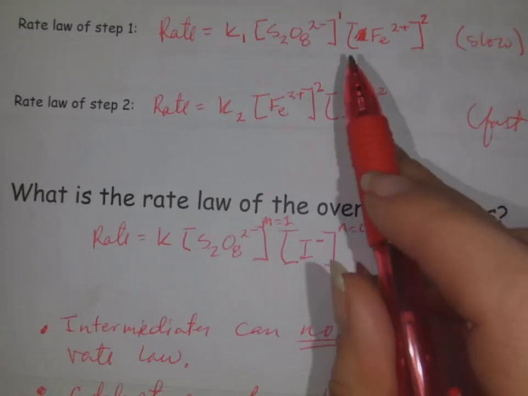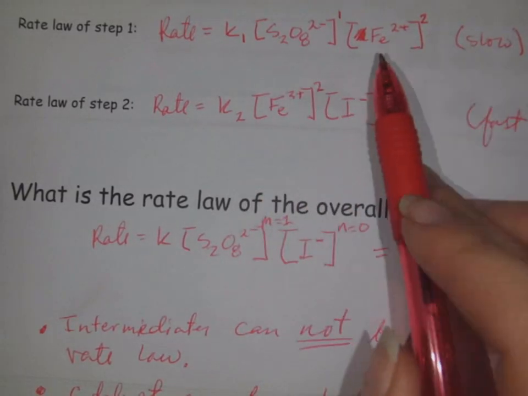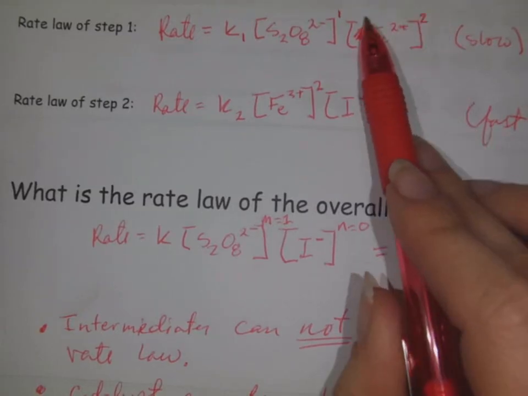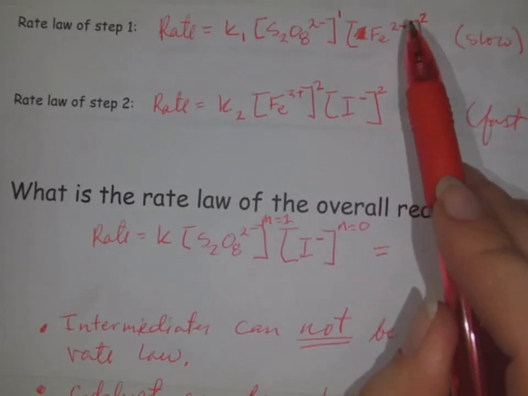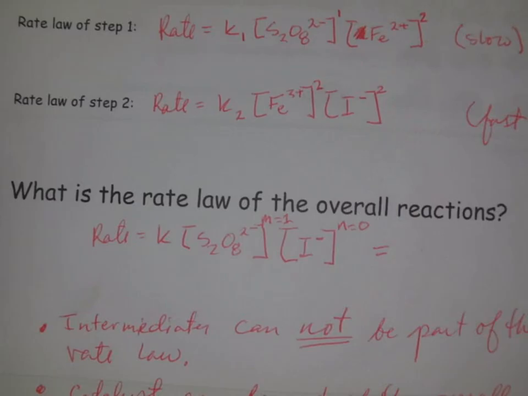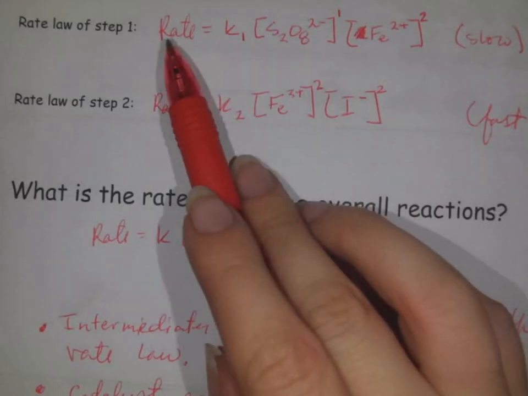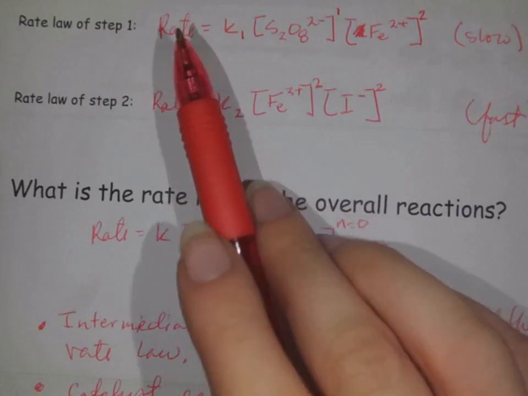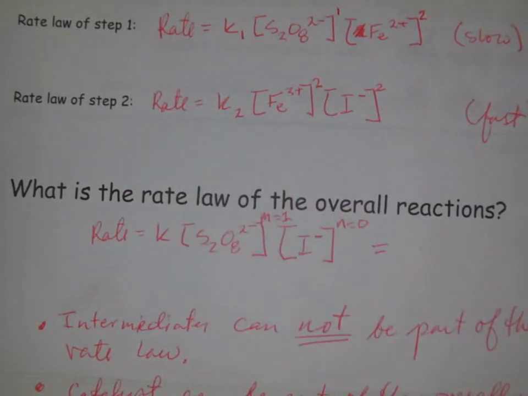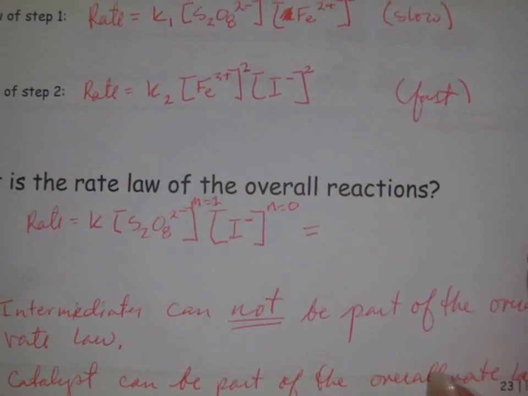That's why it's not present in here. And then it is okay for catalysts to be added to a rate law. Not intermediates, but catalysts. Because when we add a catalyst, that's going to impact the rate, right? It's going to make the rate increase. And so that's why it's okay to have catalysts as part of this overall rate law.